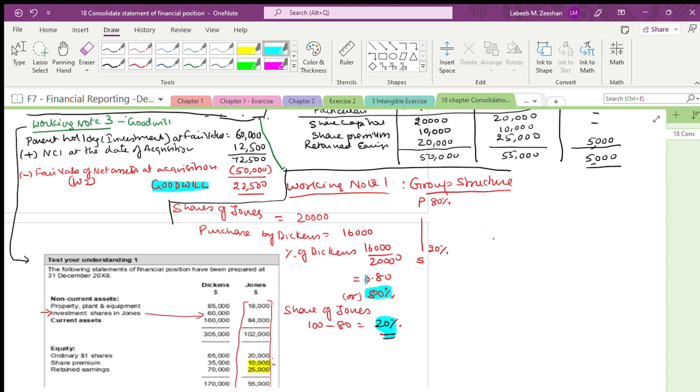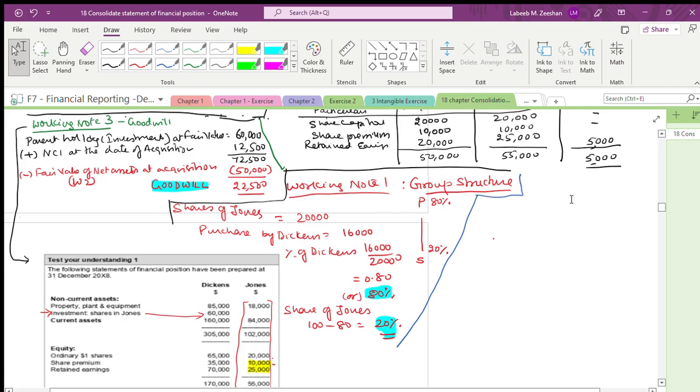Okay, now, fine. Working note 4. Okay, working note 4 is what? We have to take NCI, non-controlling interest, of the minorities of the subsidiary company only.